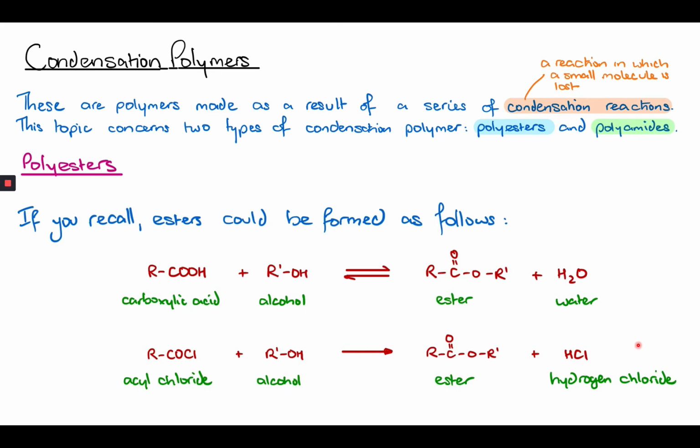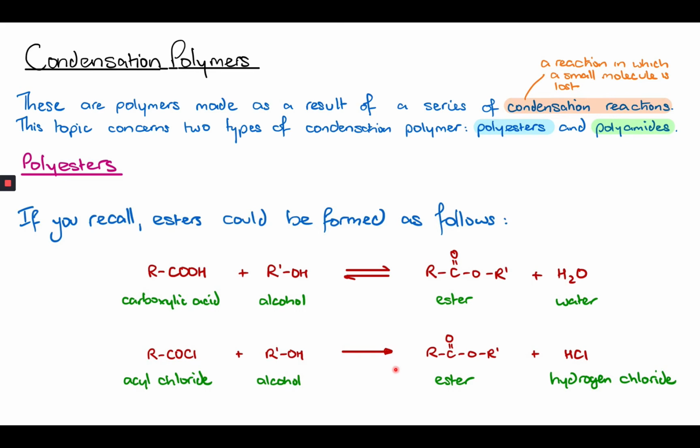The other thing to point out and stress when we're comparing the second way of making an ester with the first is that we mentioned there being an equilibrium in the first reaction, but the second one goes to completion. So if we were making a comparison between the first and second reactions, the second one has a disadvantage of producing hydrogen chloride, in the sense of it's a toxic substance.